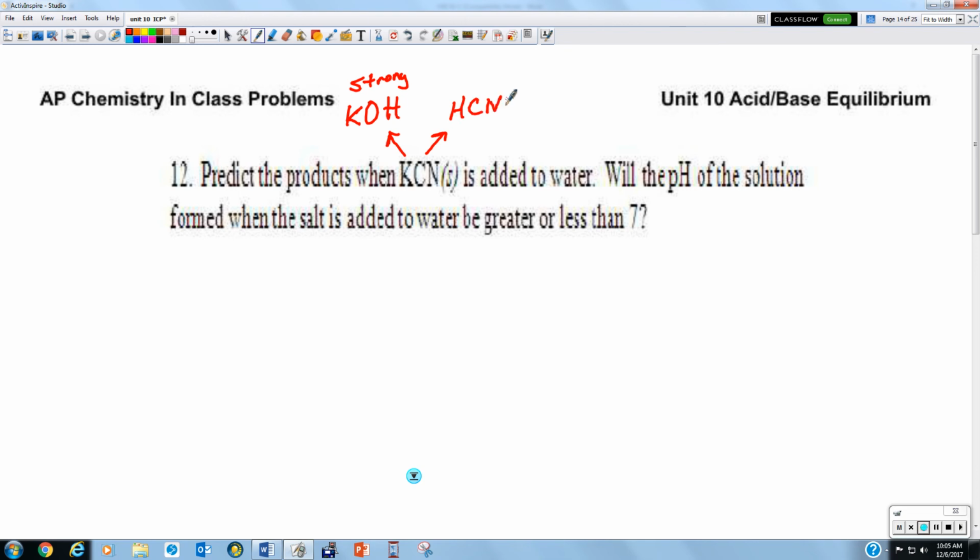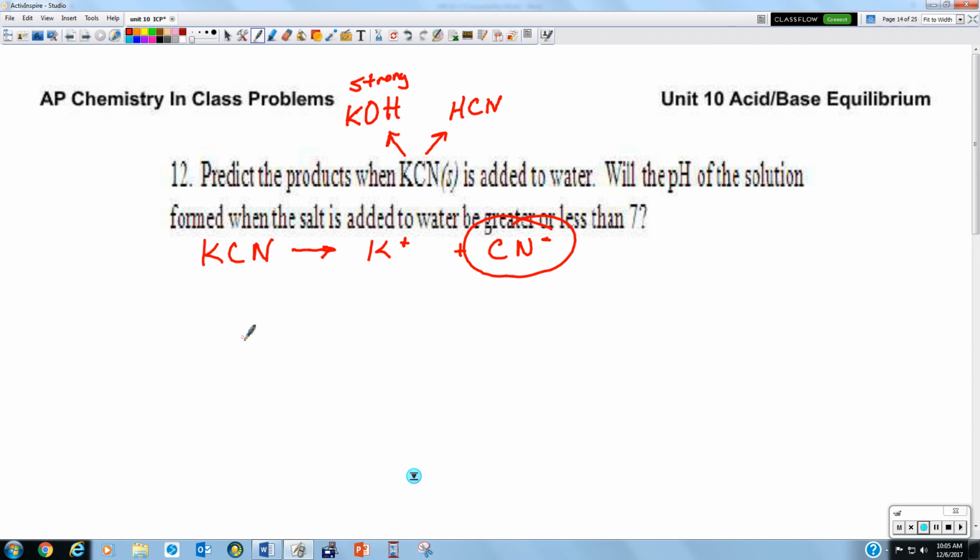All right. So now all I really need to do is disassociate this. So my dissociating reaction is KCN is going to disassociate into K plus and CN negative. And I want that one for my reaction.